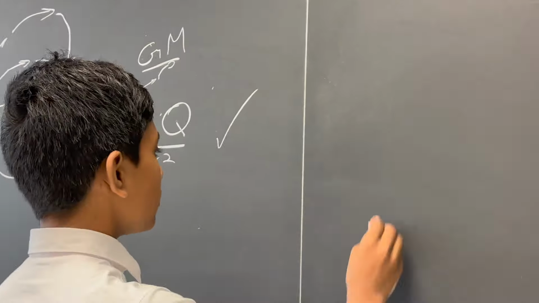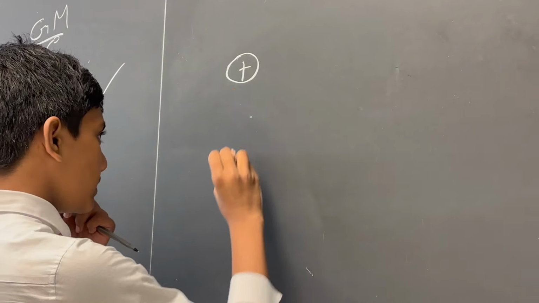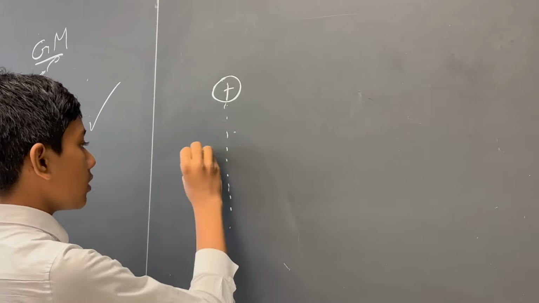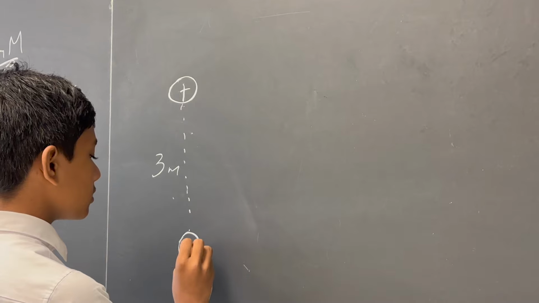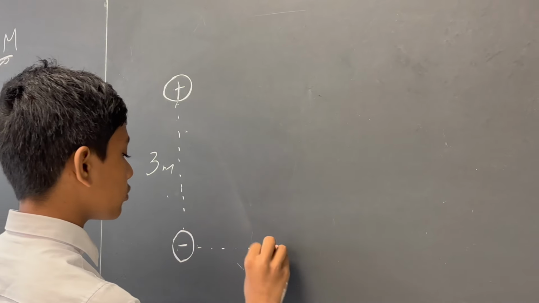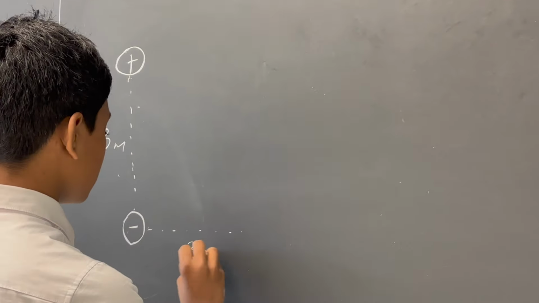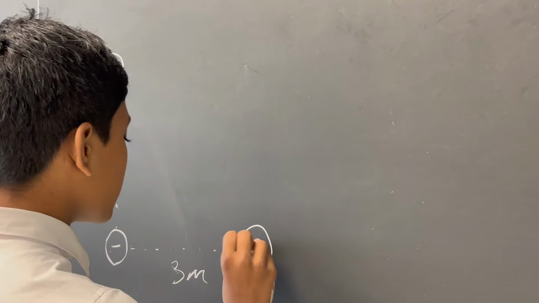And so finally, let's do some basic vector algebra. So let's say we've got a positive charge here, 3 meters south, we have a negative charge here, and 3 meters east, we've got a positive charge.